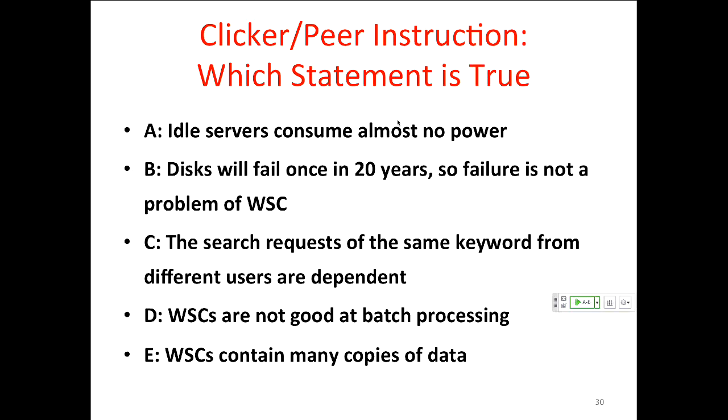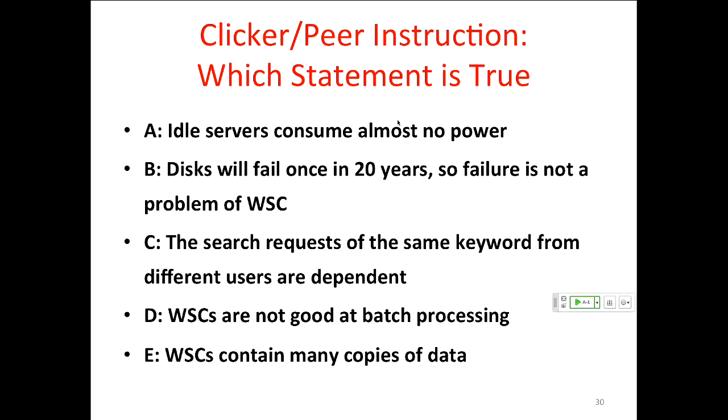Also, the search requests to the same keyword from different users are not dependent. It's actually independent because we have multiple copies of data for each keyword, right? And warehouse scale computers are not good at batch processing.